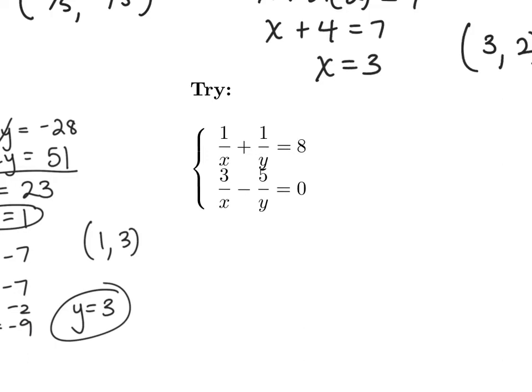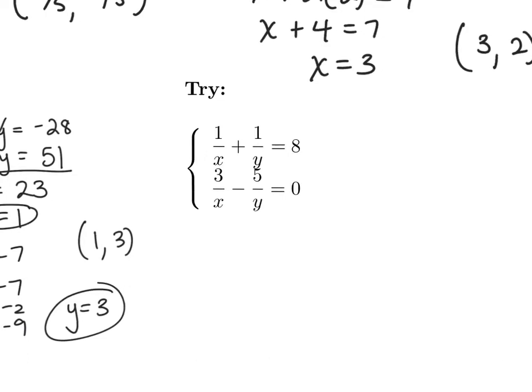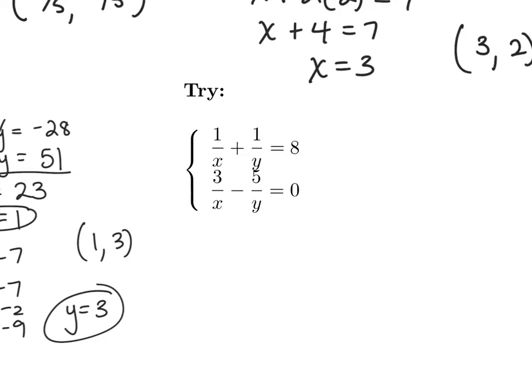Okay, so this one is a little different. You have 1 over x plus 1 over y equals 8, and then you have the x's on the bottom. We have a negative 5 here, so I'm going to make this a positive 5.